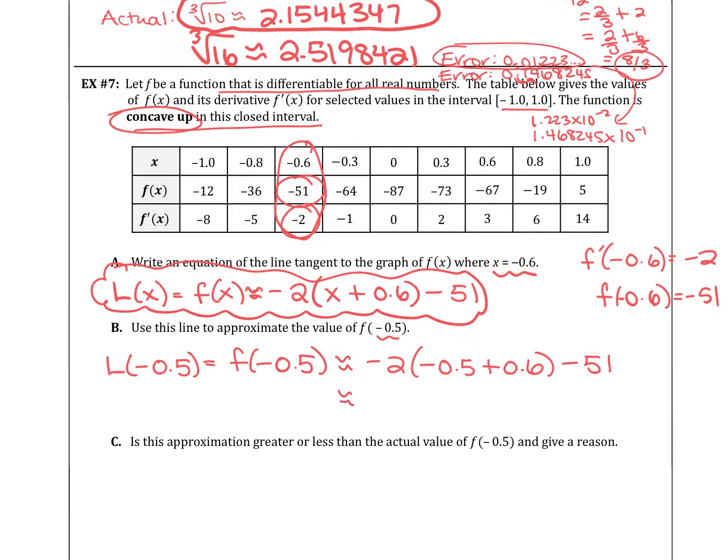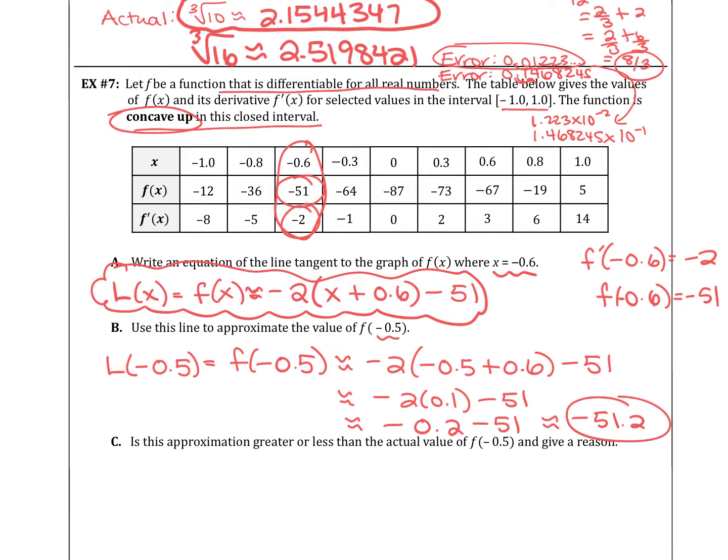And if I take negative 2 times 0.1 minus 51, negative 2 times 0.1 is negative 0.2, minus 51 is approximately negative 51.2.